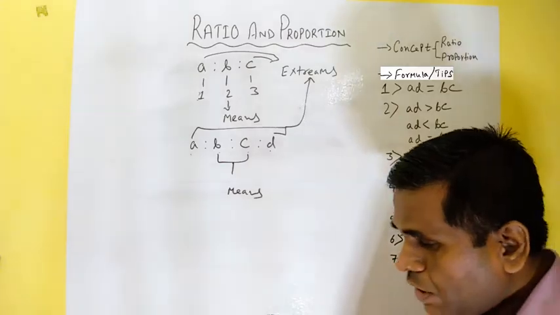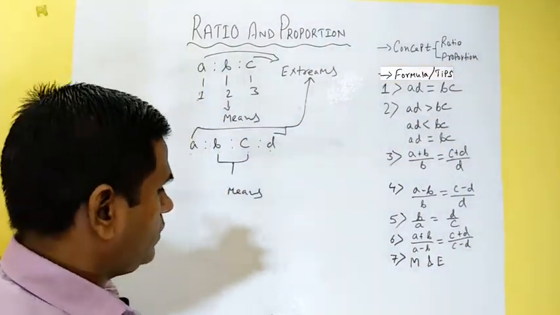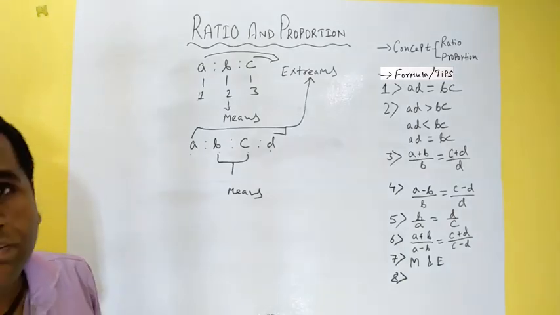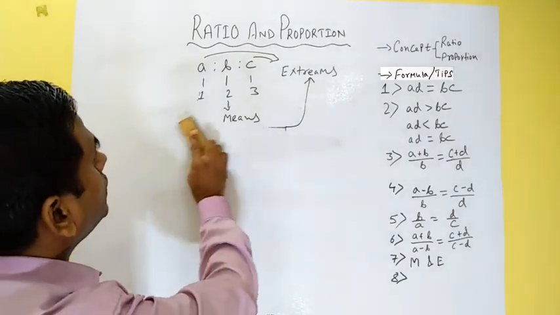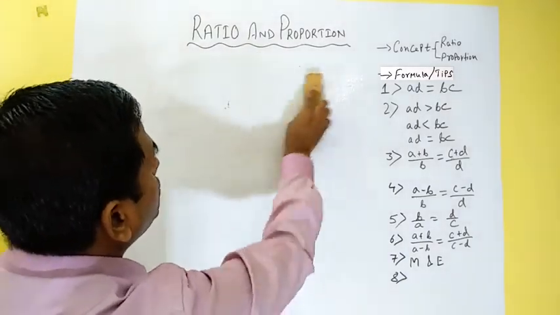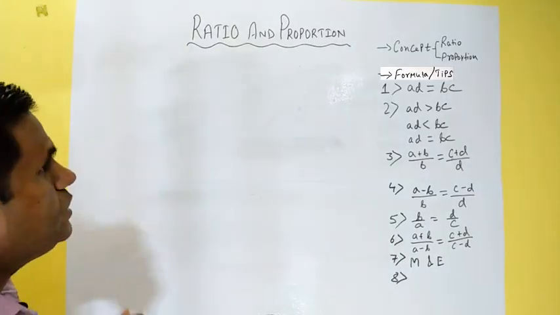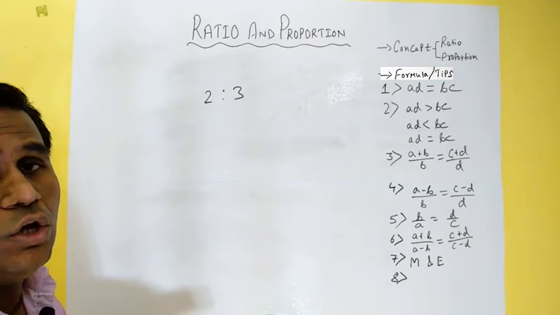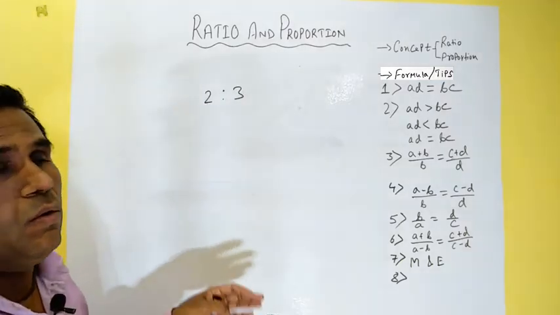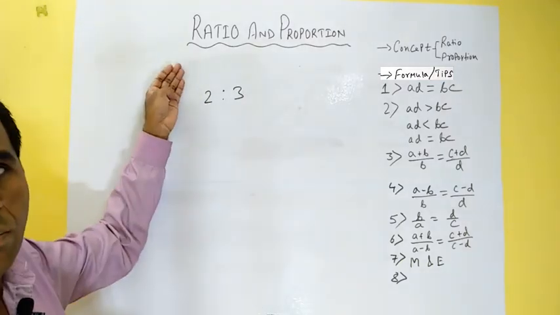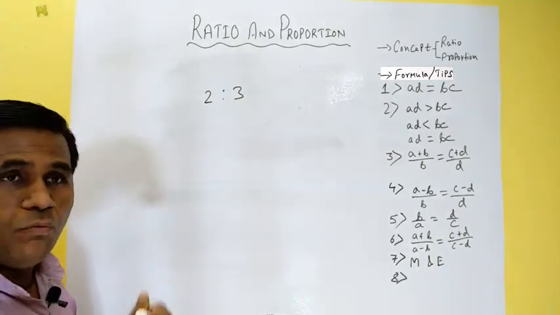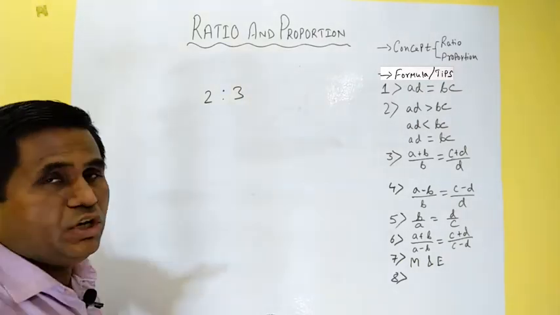Now the last one, the eighth one, which we have already discussed while learning the concept. Suppose a ratio of 2:3 is given and you don't know the actual number. How to find it?